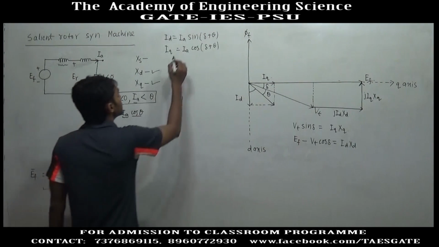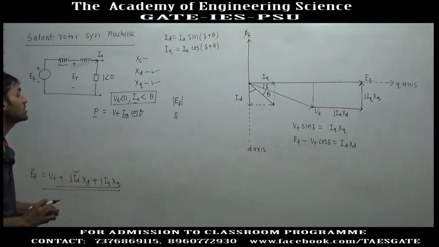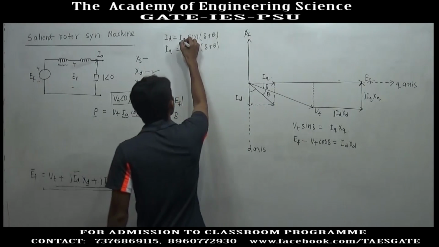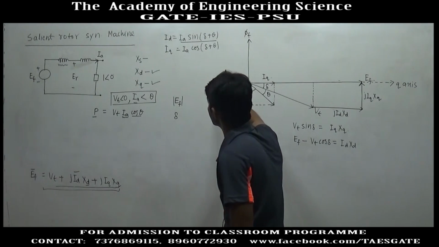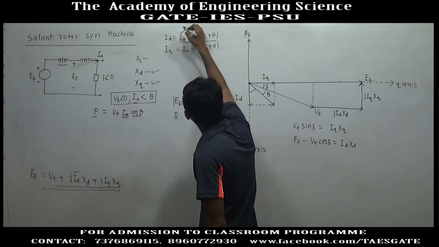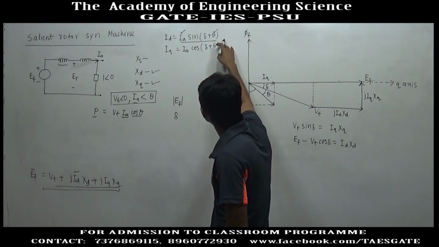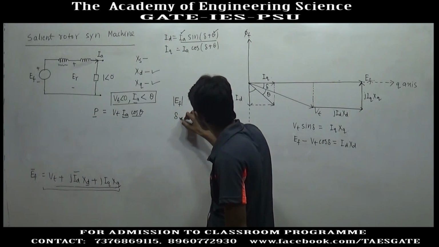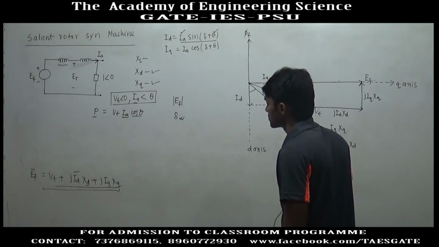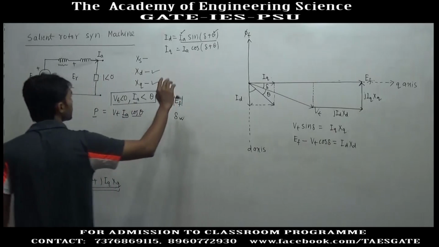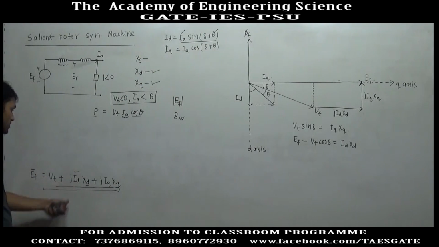And the formula for Id is Ia sin of delta plus theta. Ia is given, theta is given, but delta is not given. Even delta is asked to be calculated. So if delta is not given, we cannot calculate Id, and if Id is not calculated, we cannot calculate EF.